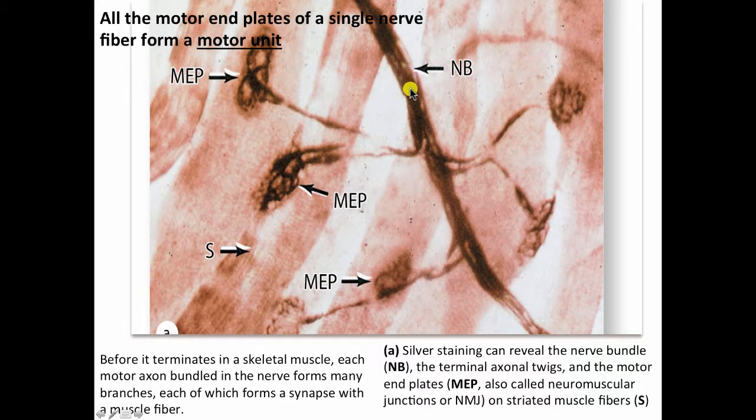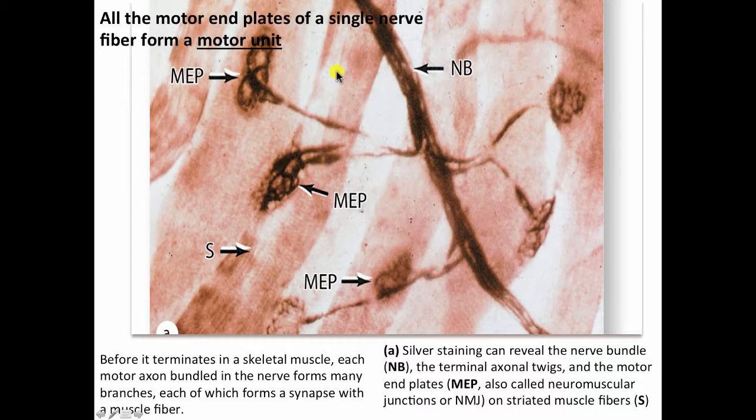it makes contact with the muscle, breaks up into a number of branches, and these branches then make contact with individual muscle fibers. Here's a muscle fiber, actually labeled S here for striated muscle fiber. The contact that the terminal branch of a nerve fiber makes with it is called a motor end plate.